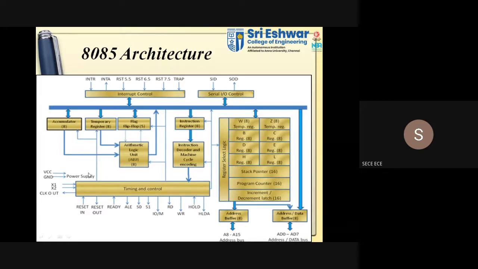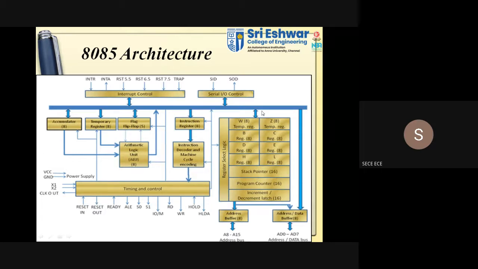So what are all the blocks comprised in the architecture? That is interrupt control, serial input output control, accumulator, temporary register, flip flop, that is flag register, instruction register, arithmetic logic unit, instruction decoder and machine cycle encoding unit, and the timing and control block.